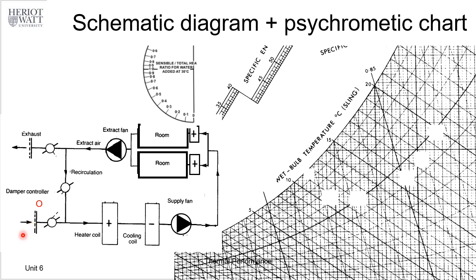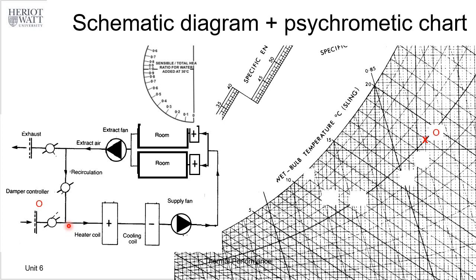Number one, the outdoor air is taken from the inlet and the controllers through the damper into the air handling unit. And similarly, we mark the outdoor state on the psychrometric chart according to the dry bulb temperature and wet bulb temperature.